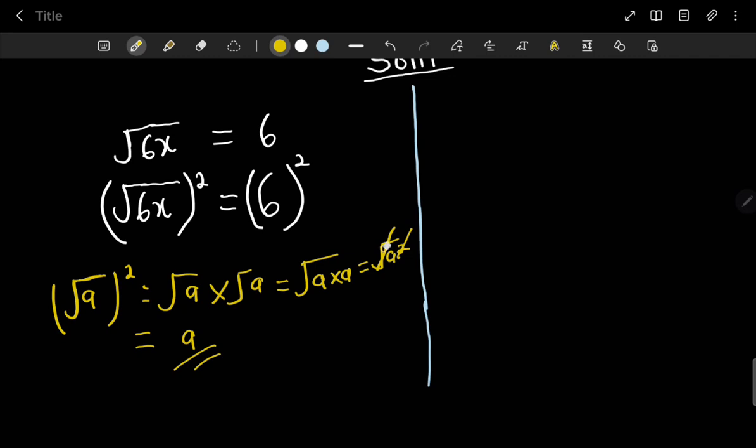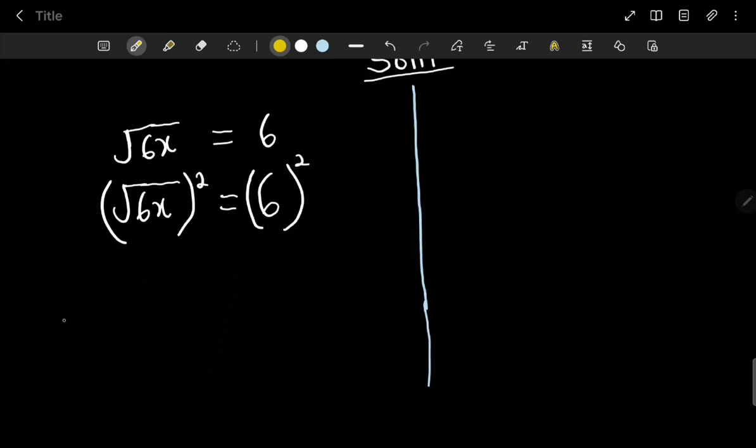Okay, now that you've gotten that, let me go straight to our equation. We would use that same logic here. Because it's squared, we'll write square root of 6x times square root of 6x, right?